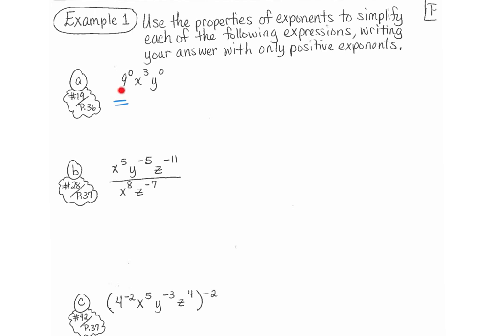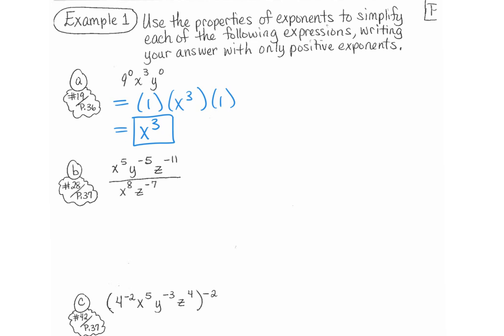So 9 to the 0 is 1. x cubed is x cubed. It is what it is. What's y to the 0? Yes, good. So 1 times x cubed times 1 is x cubed. Very good. That's our answer for A.